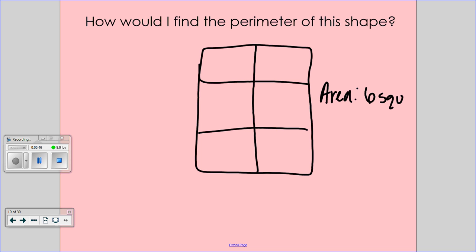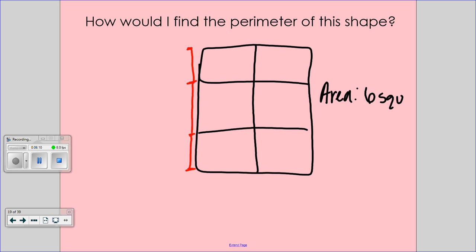To find the perimeter, you're going to count each length as it goes. So watch mine first. Right here is a length. That's going to count as 1. You see how I went 1 length of the square? Right here is another one, 2. Right here is another one, 3.